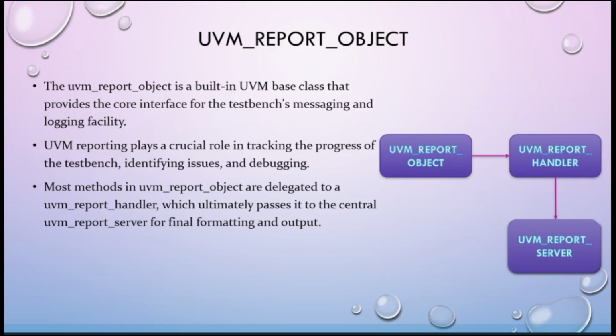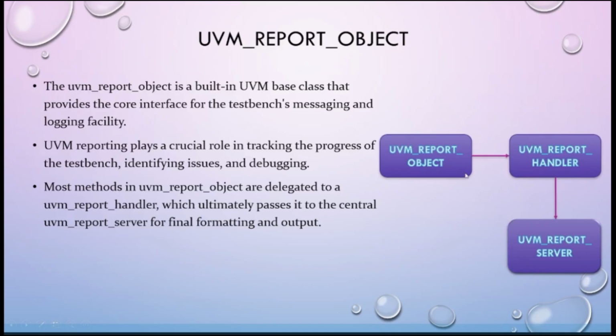So what does this UVM report object actually consist of? Whenever any message is to be reported, the UVM report object will be handing it to the UVM report handler, which in turn will be sending it to the UVM report server. This is the basic mini architecture of UVM report object.